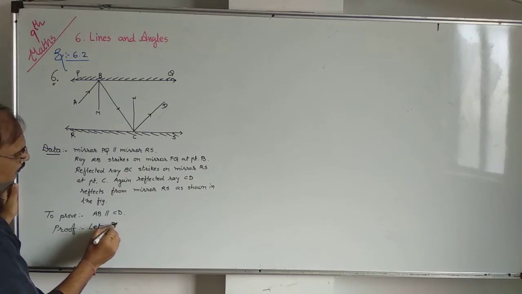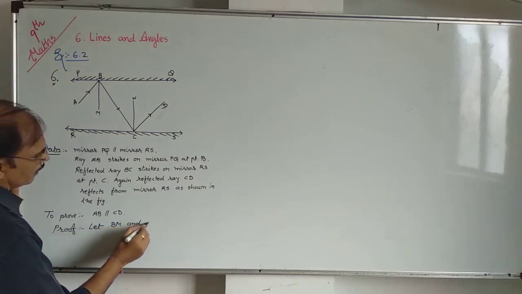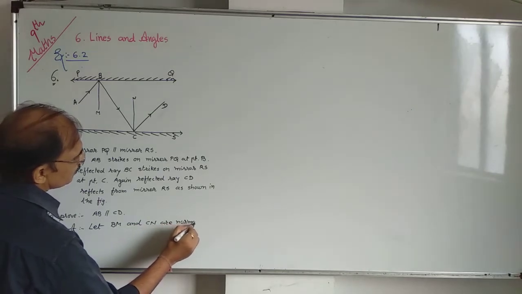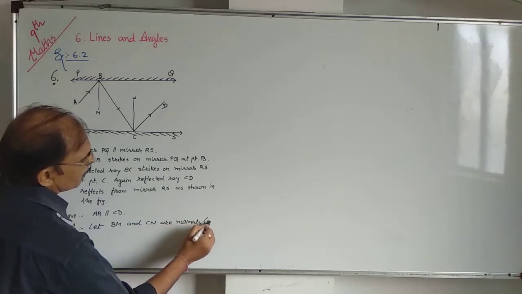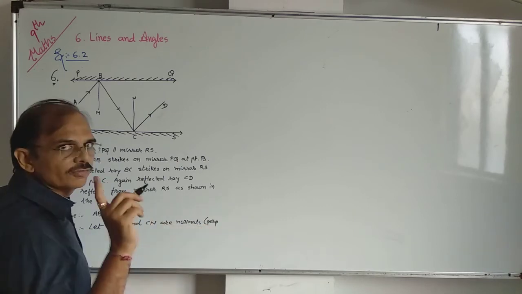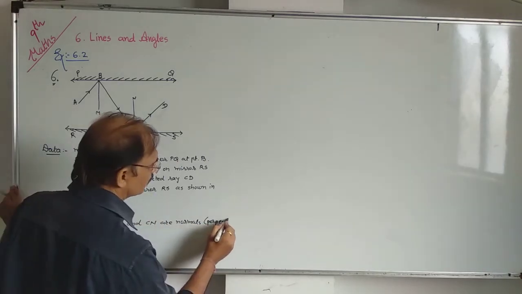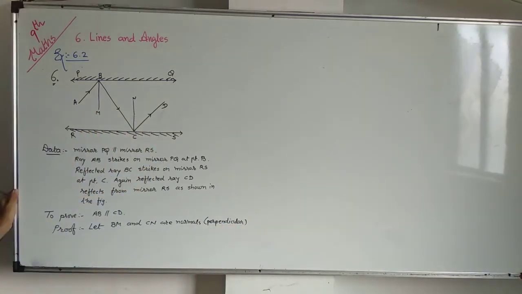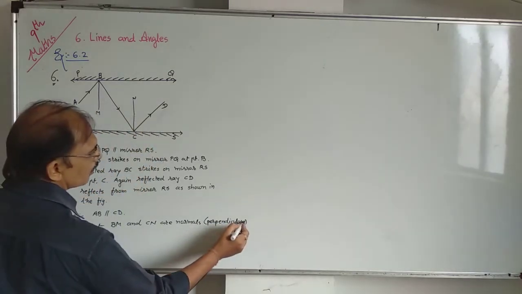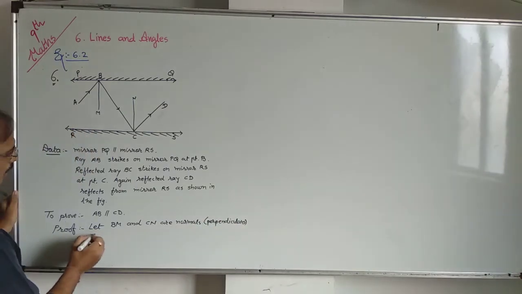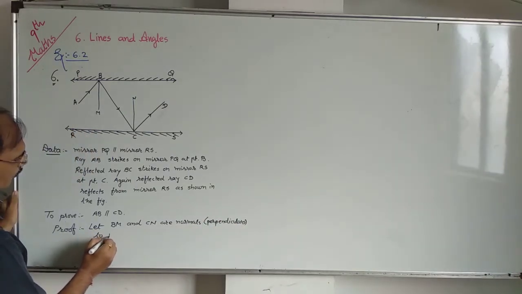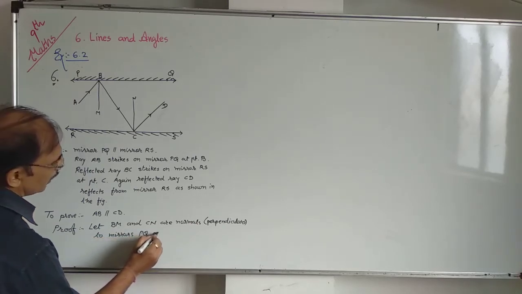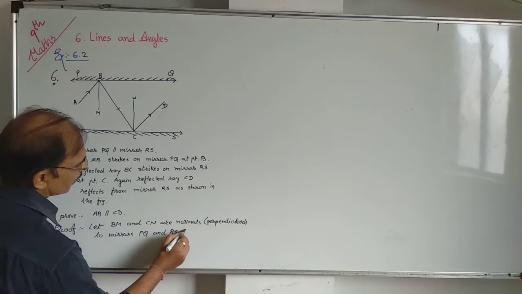Let BM and CN be normals. Normal means perpendicular. Normal is the language of physics, and perpendicular is the language of maths. So BM and CN are perpendiculars or normals to mirrors PQ and RS respectively.